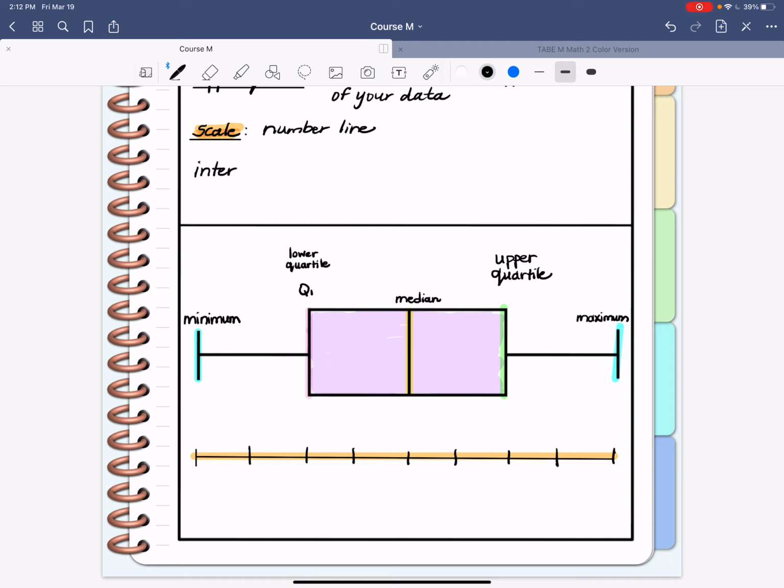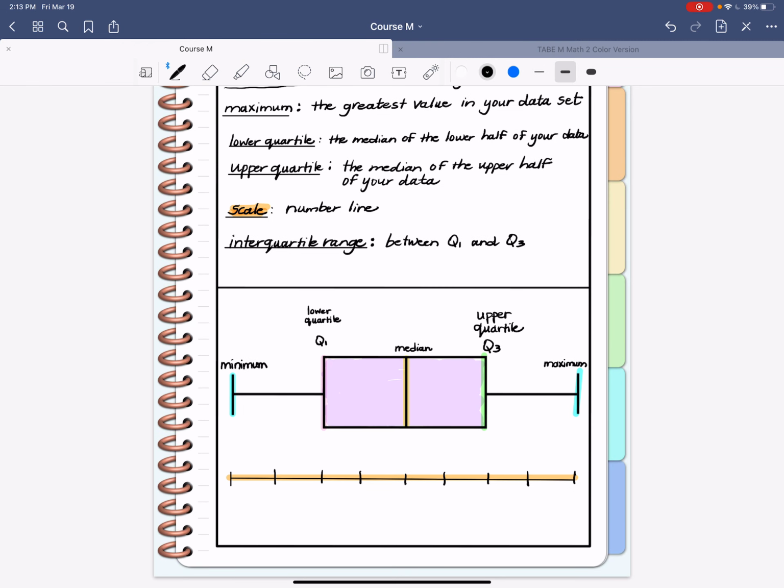Inter means between. And the interquartile range is where most of your data falls. This is sort of the average normal range. So interquartile range is between Q1 and Q3, which I didn't mark. The upper quartile is Q3.